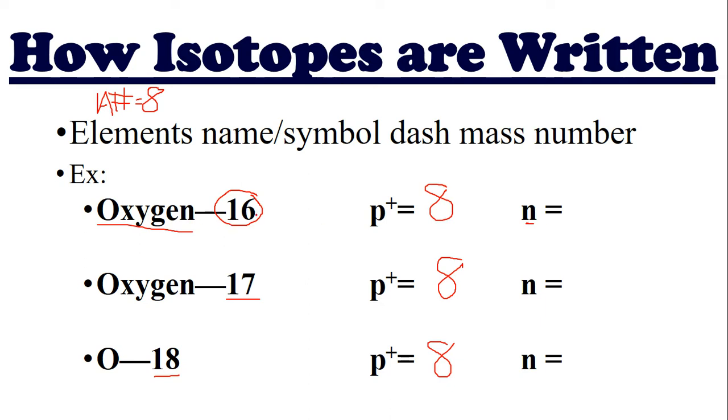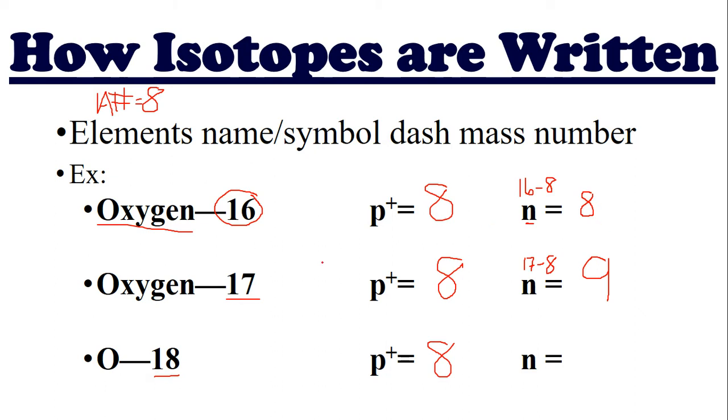Neutrons, however, we do mass number minus atomic number. So oxygen 16, the mass number is 16. We're going to subtract 8 from it, and you should get 8. Oxygen 17, the mass number is 17. We subtract 8 from it, and we get 9 neutrons. See the difference between the first two?